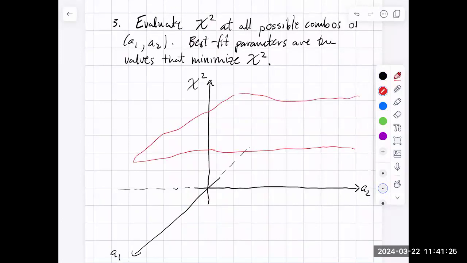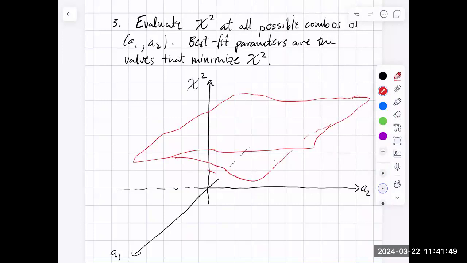And let's see if I can draw this surface well enough. So here's kind of roughly a plane. And what we're looking for is where does our surface reach a minimum? So it's not looking too bad. I think I can make it slightly better. Let's draw a well-defined minimum.